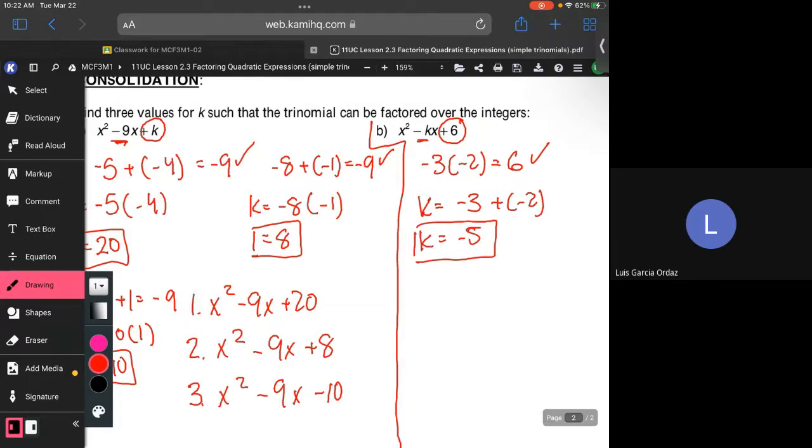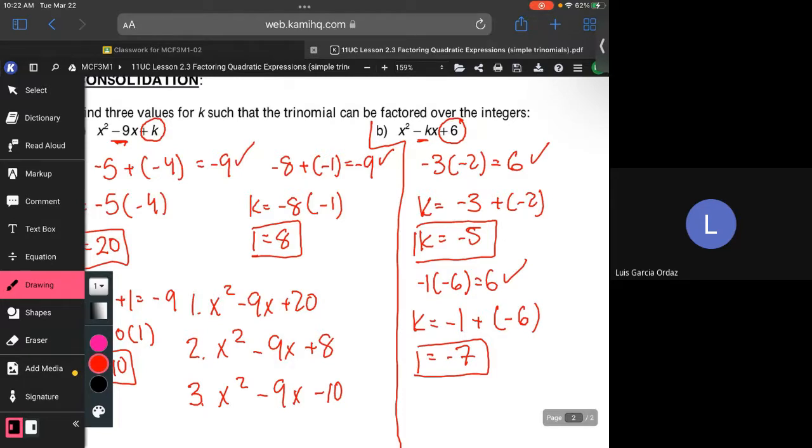And there should be one more. Alicia. -1 and -6. Yep. Negative 1 times negative 6 gives me positive 6. And now to find k, I'm just going to add them together. Negative 1 plus negative 6 gives me negative 7. Are there any other values of k, or is that it?